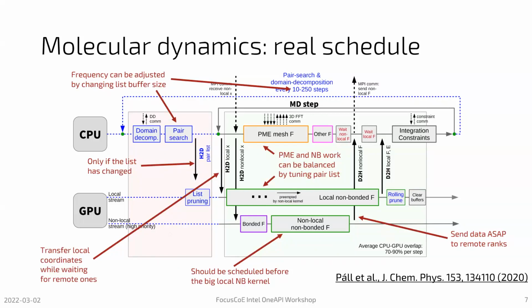We do have some tuning framework, mostly related to the pair list size and pair list buffer, which can somewhat balance the workloads between CPU and GPU, and either increase the frequency of required pair list updates, or if we have more frequent updates, it will, on the other hand, offer faster force computation.